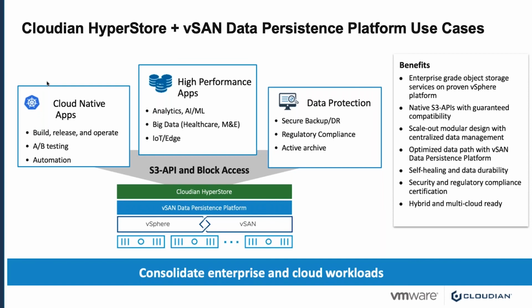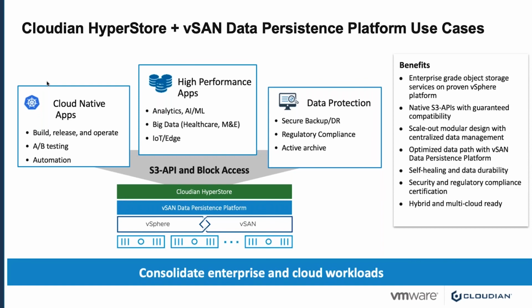Whether it's backup, DR, and we are talking about not only just backup and DR, but we are talking not only just traditional applications data protection, but even modern cloud native application data protection. We're talking about compliance. We are talking about archiving, right?